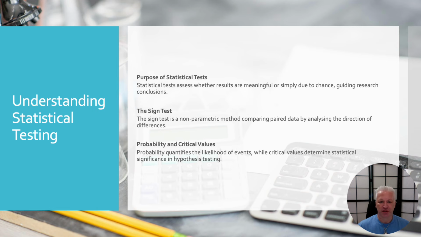Probability measures the likelihood an event will occur, while the critical value marks the threshold for statistical significance in hypothesis testing. The sign test is the test that you need to know how to calculate, so make sure that you understand how to go through that one. I do have a video on that as well, if you want to search for that on my YouTube.